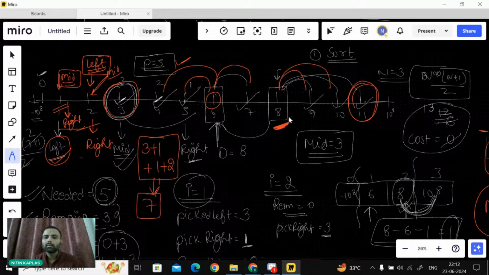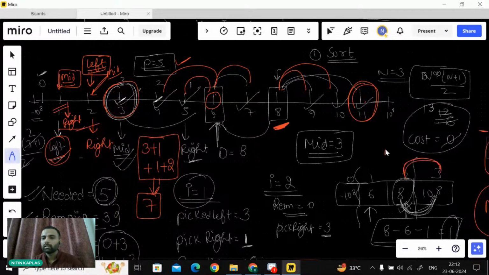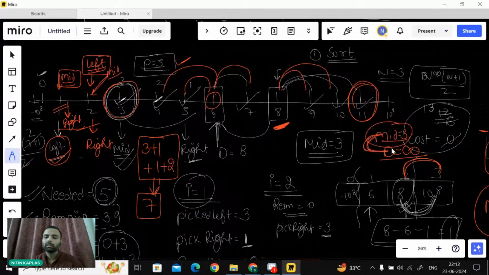After that, what we have is 10 raised to power 8. That will be the distance, which is the very max. Let me write max. Now I have the range mid, which is 3. That's why we take the minimum of these two values. That's why we want the distance, which is 10 raised to power 8.